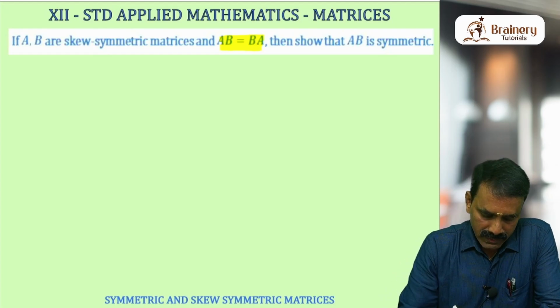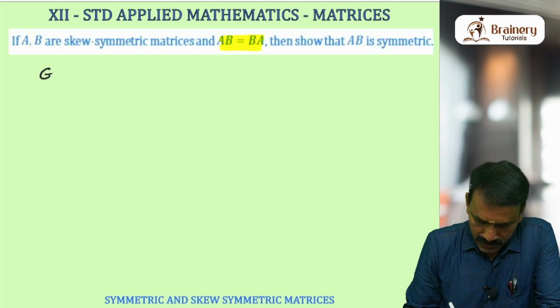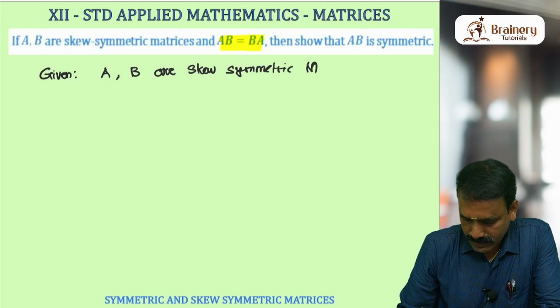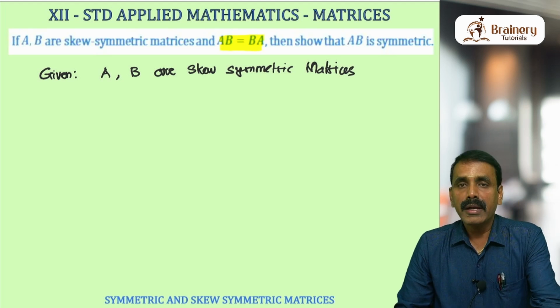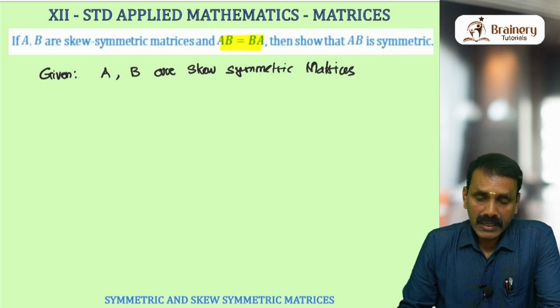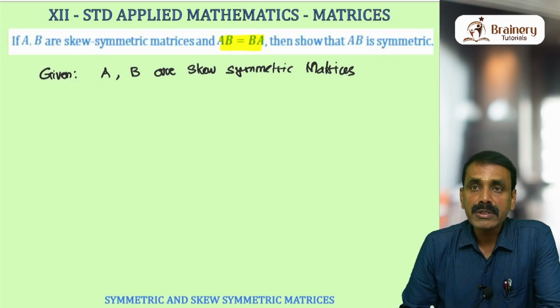So first we write what is given to us. Given A, B are skew symmetric matrices. In that case, what do we know about a skew symmetric matrix?